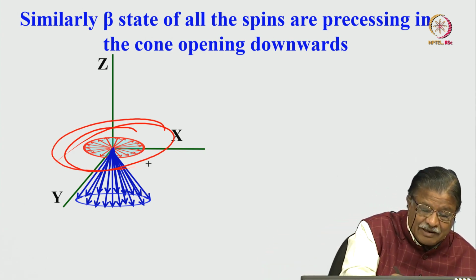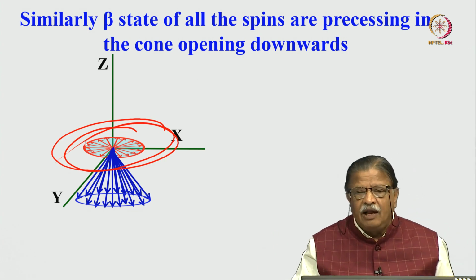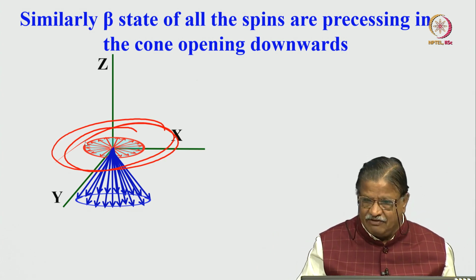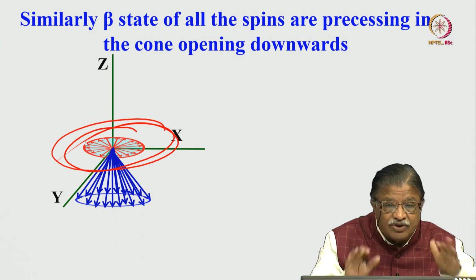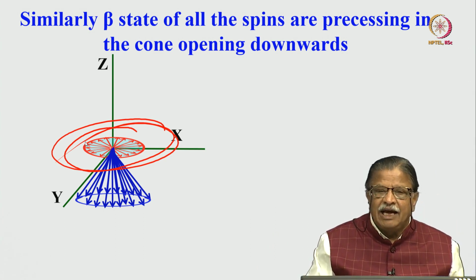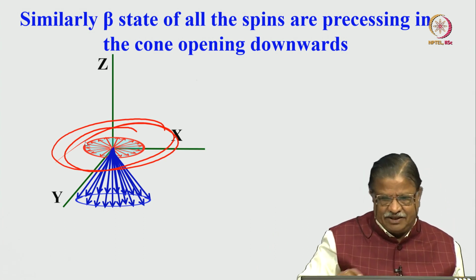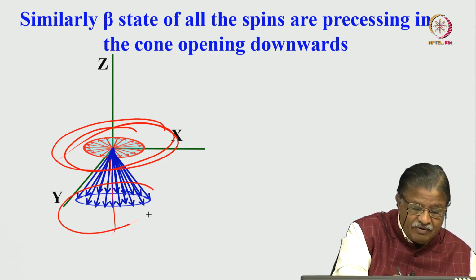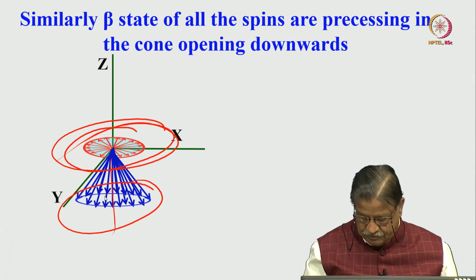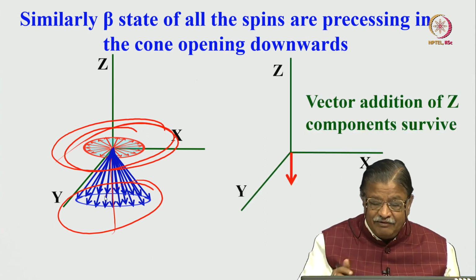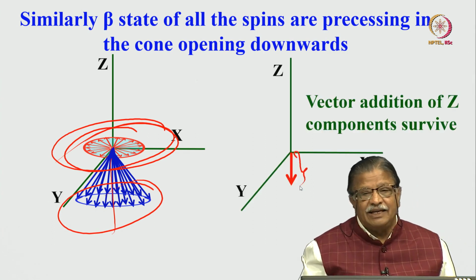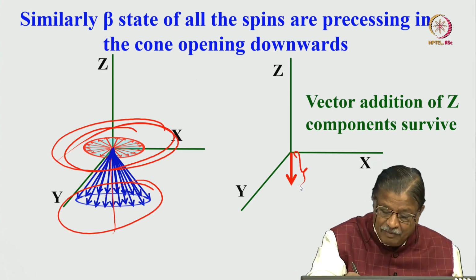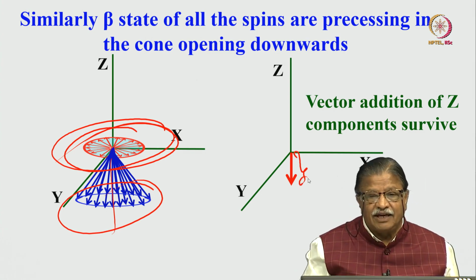Because of the random phase approximation, all the components of the vector along x and y are averaged out to 0. There won't be any magnetic moment along x and y direction. Again along the minus z direction, all of them get added up. That is what is going to happen. And then we are going to get a small magnetization, a small tiny magnet along minus z direction.